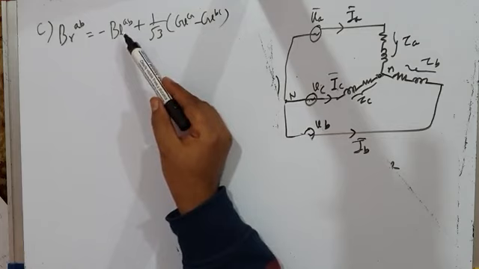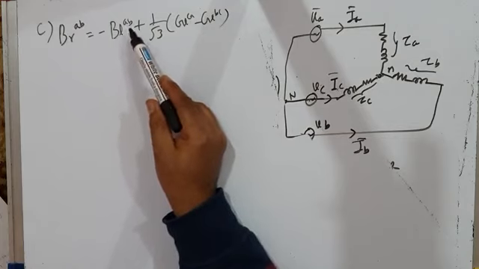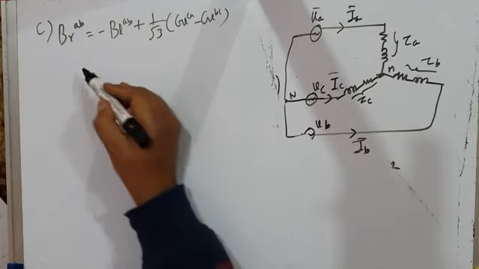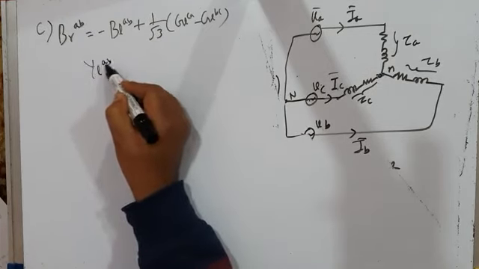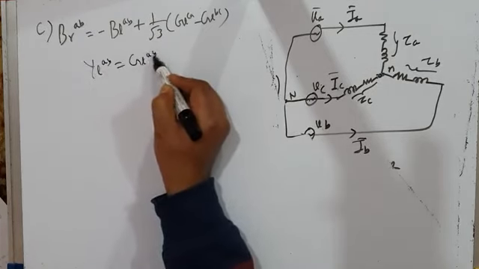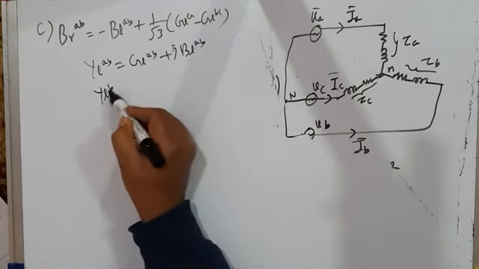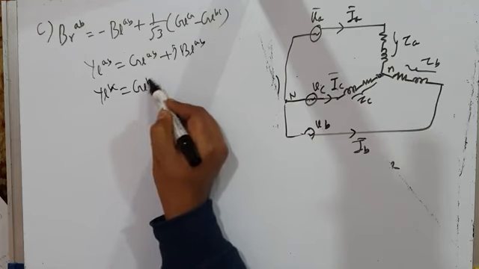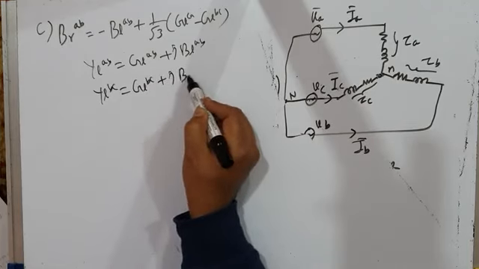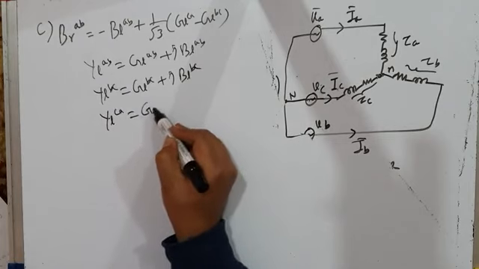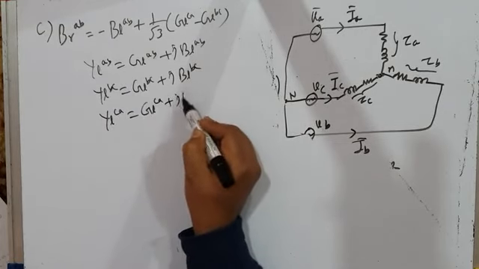If you know the load impedance, convert it into admittance. YLAB is equal to GLAB plus jBLAB. Similarly, YLBC is equal to GLBC plus jBLBC, and YLCA is equal to GLCA plus jBLCA.